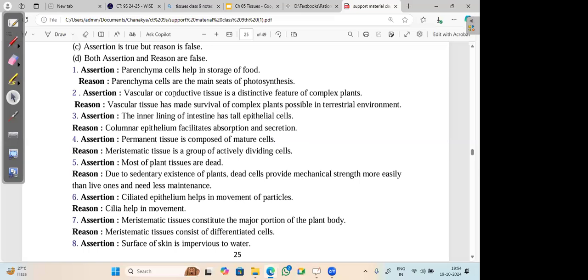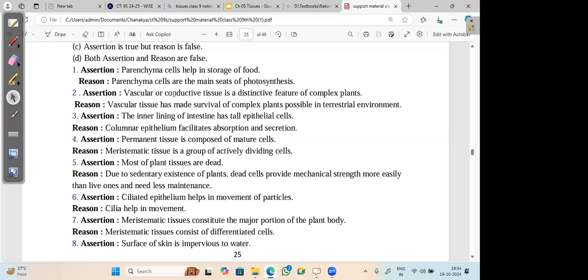Yes, they are found in herbs and shrubs, but they are not found in algae. So it is a distinctive feature of complex plants. This is true.